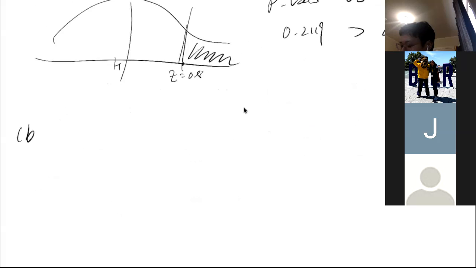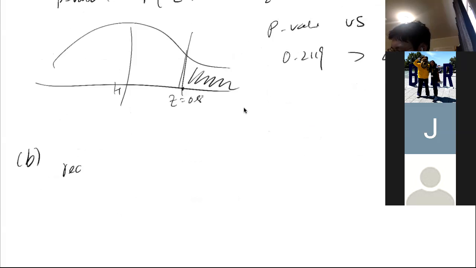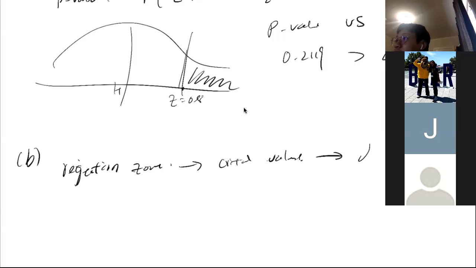And for part B, we're basically finding the critical value and rejection zone. So remember, if we want to find the rejection zone, that is related to finding the critical value, and to find the critical value, you need the significance level.